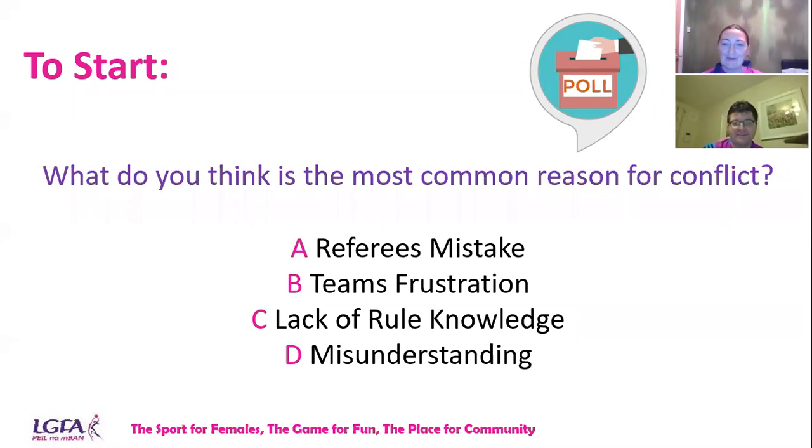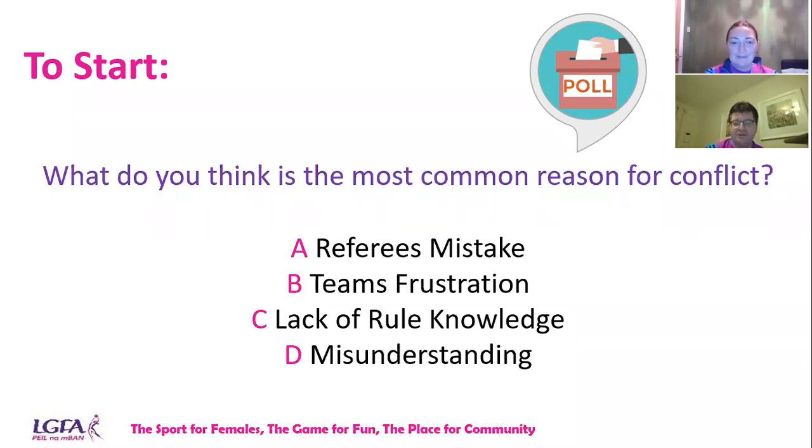What do you think the most common conflict is? If you've seen some of those clips around social media at the weekend, you really think, yeah, I was just saying that. We do make mistakes, and we don't make them intentionally, but it could be because we get blindsided, or we just reacted too quickly to something and didn't let it develop. We're not all perfect, and I think referees' mistakes should be a percentage of that.